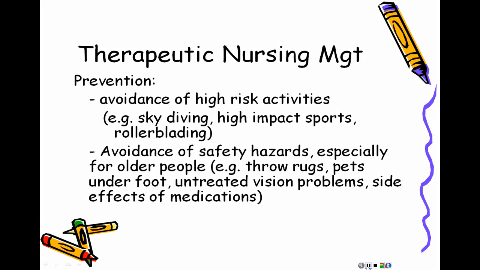We know that a patient that's receiving antihypertensives is at risk for hypotension. And so we would want to teach that patient to change positions slowly, to let their feet dangle before they stand up. If they abruptly change positions, then they're at risk for falling and sustaining a fracture.